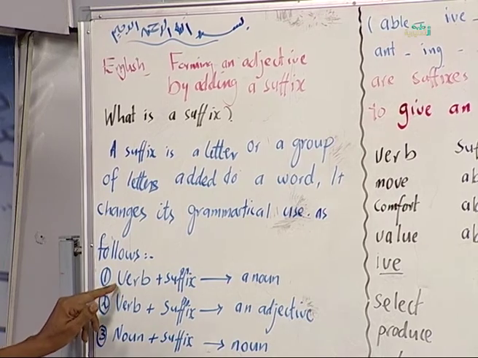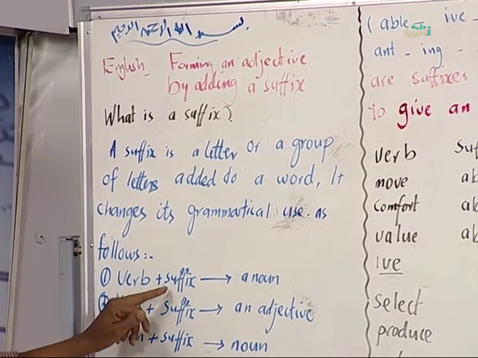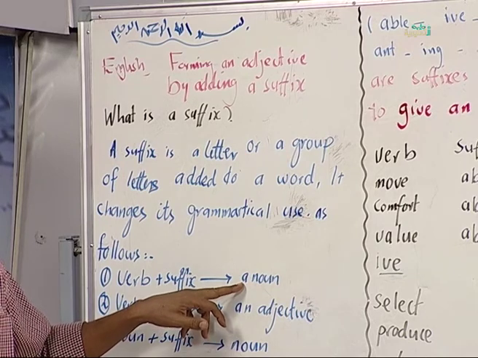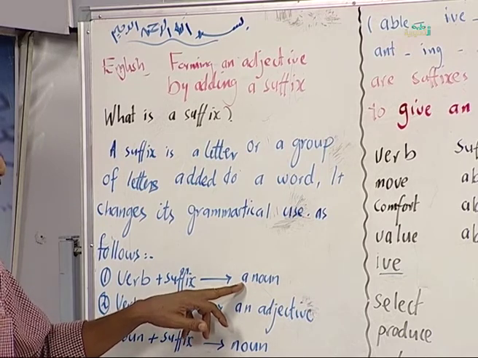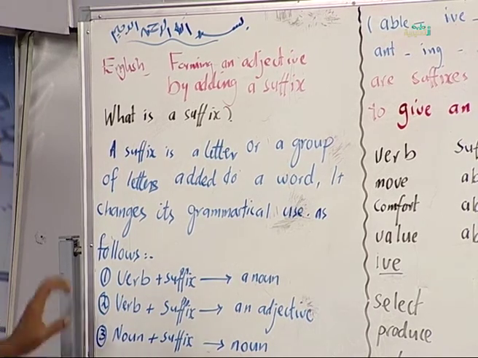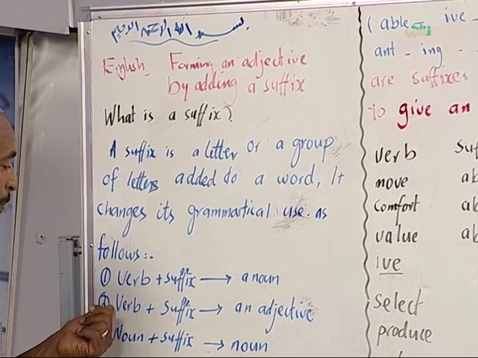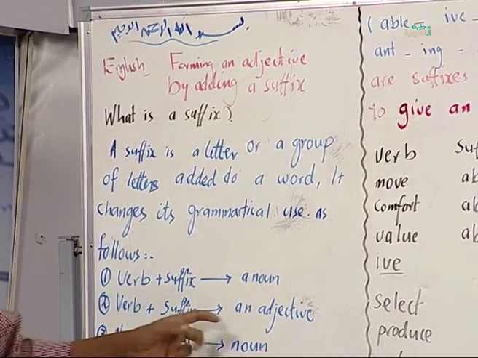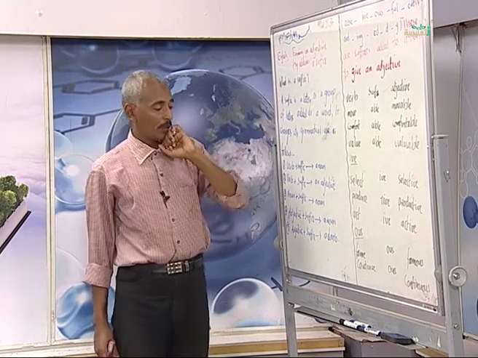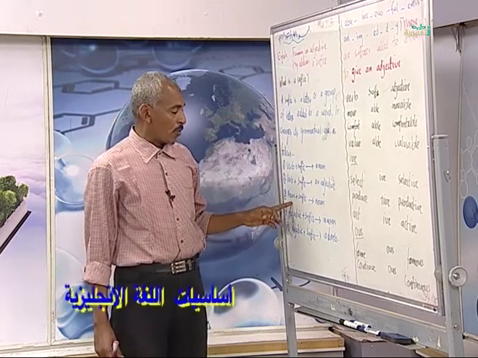We have verb plus suffix to give a noun, and we are going to have it during or after we have an idea about the noun. Verb plus suffix to give an adjective, and we have it here today. We have noun plus suffix.